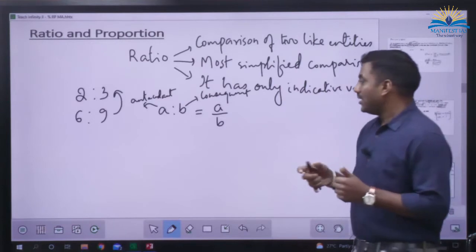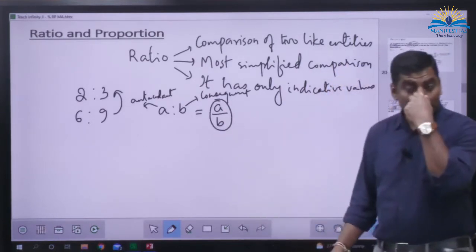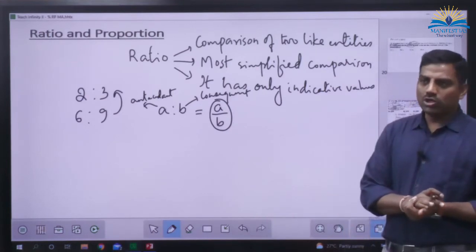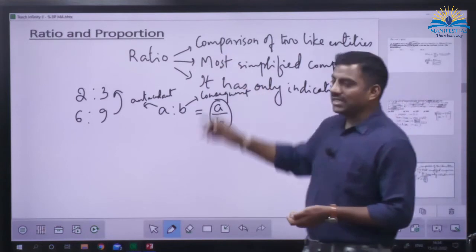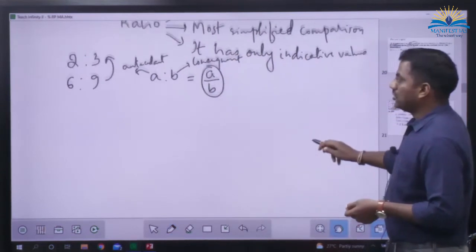So answer loudly. A by B is nothing but A is to B. This is about ratio. But one more thing is proportion. Now, what do you mean by proportion?